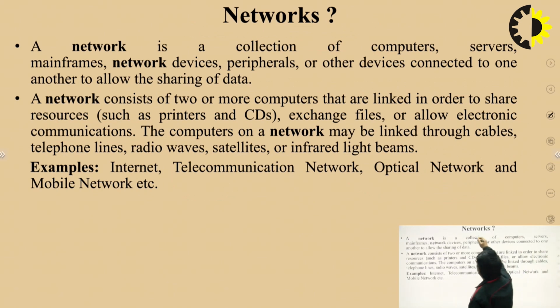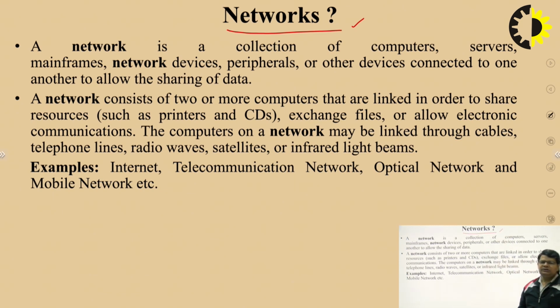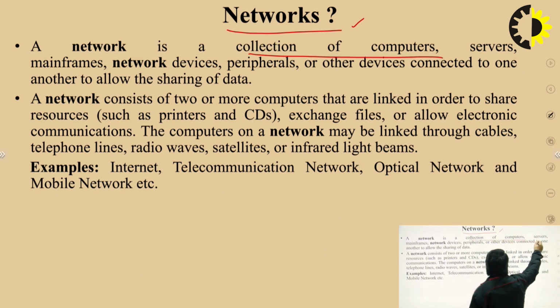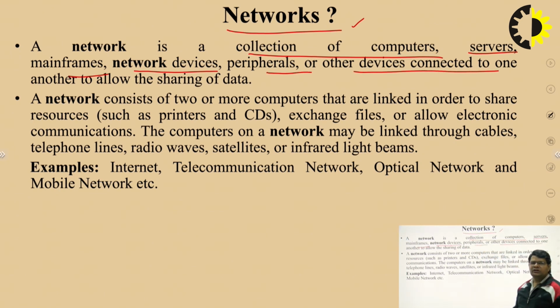Then what is network? For conveying the information, we require an overall infrastructure to support the communication. This overall infrastructure is termed as the network. So we can say that network is nothing but the collection of computers, servers, mainframes, network devices, peripherals and other devices connected to each other to allow the sharing of data.